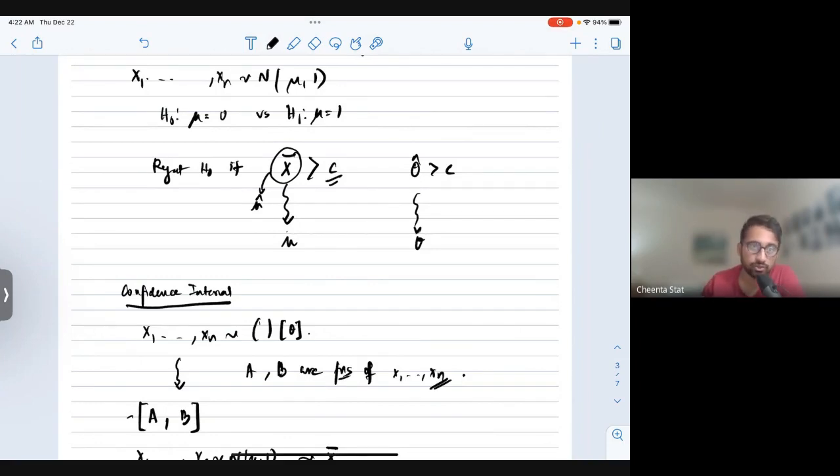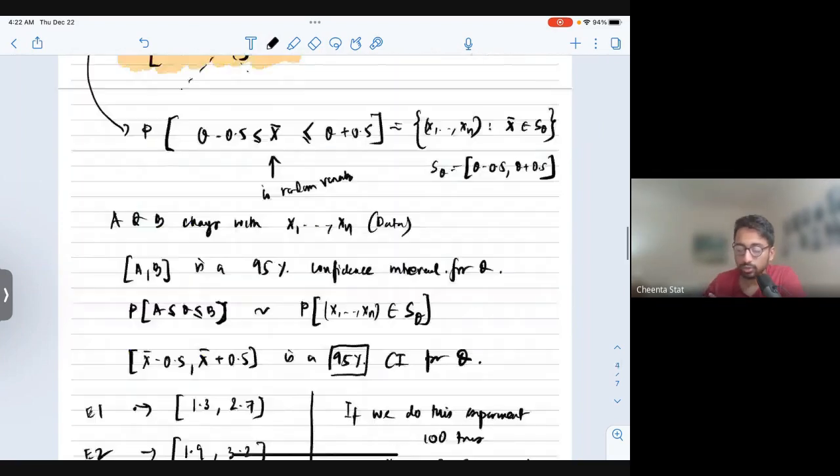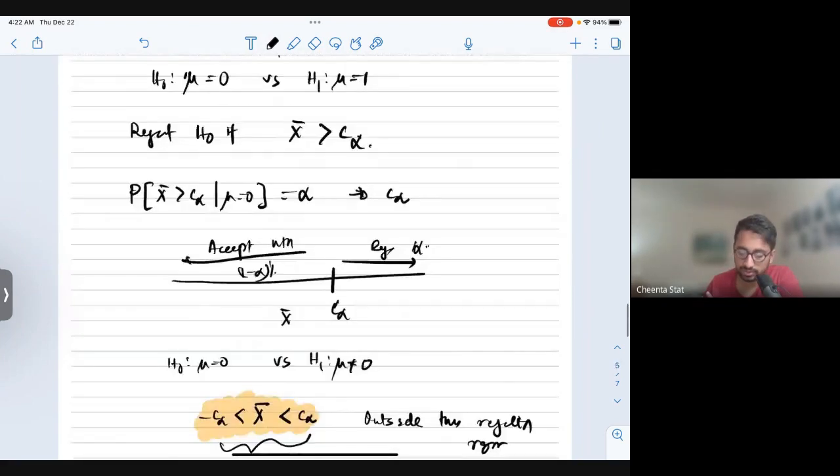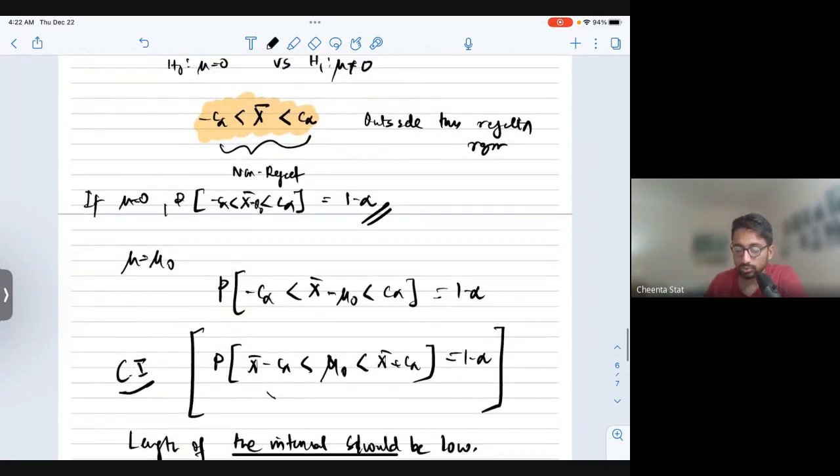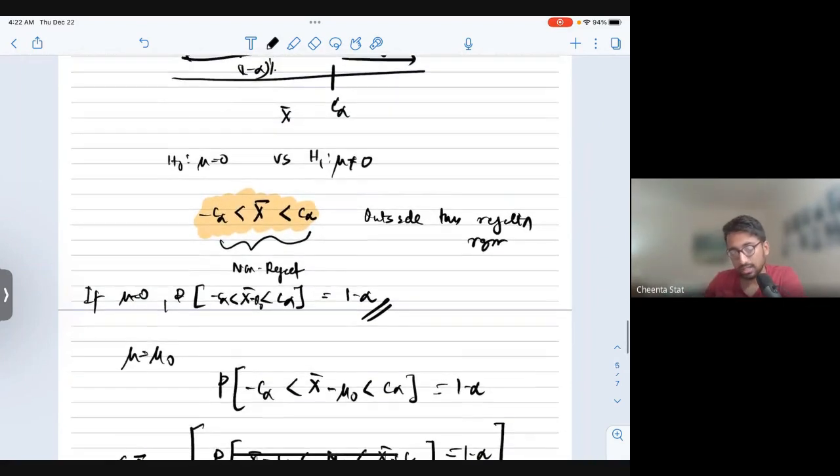And then we moved ahead to find the confidence interval, the idea of the confidence interval and how good tests can give good confidence intervals, where the region is low. It also tells you the meaning of a confidence interval. That's a bonus. That's really interesting.